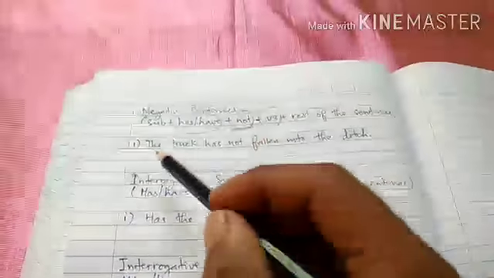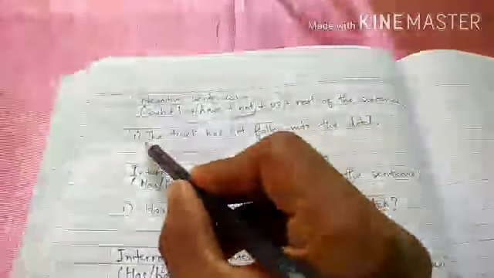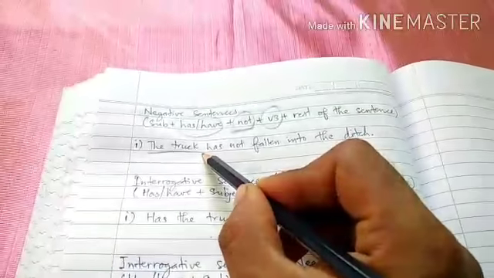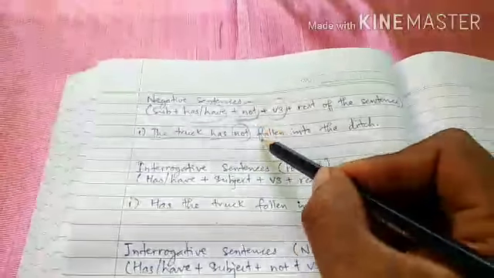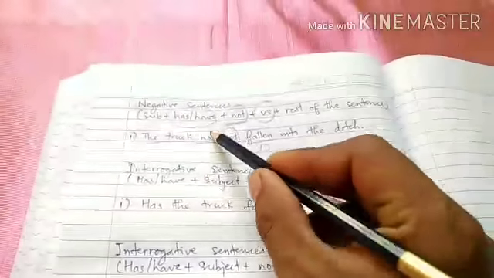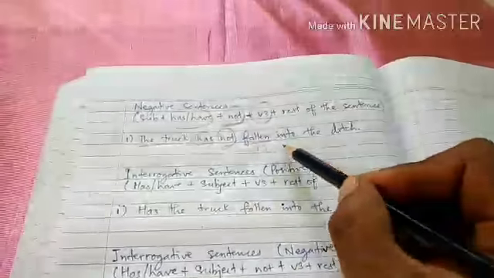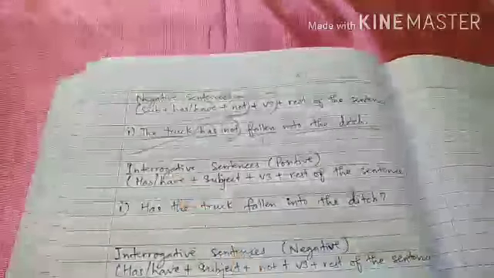Understood? Like the truck has not fallen into the ditch. See the truck, subject singular है तो has, has के बाद not, fallen V3. So that means main verb और helping verb के बीच में not है. Okay, and into the ditch. This is the sentence in negative form in the present perfect tense.